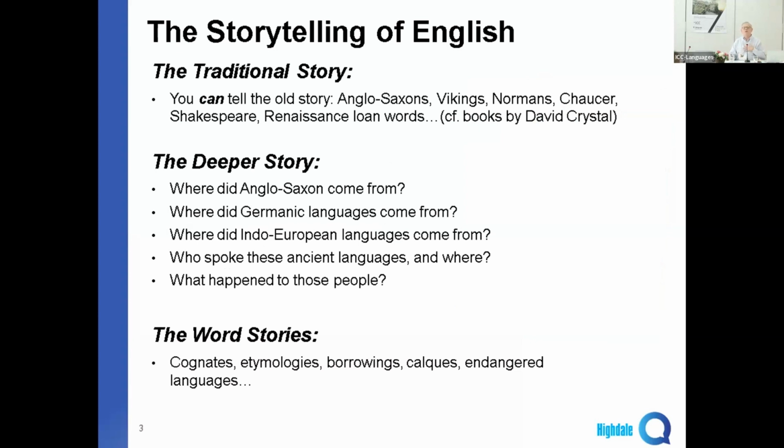And I wanted to look at the different stories around the English language. And if you look at the list here, there's a traditional story. You can tell the traditional story of where English comes from, the Anglo-Saxons, the Vikings, the Normans, Shakespeare, blah, blah, blah. Nothing wrong with that. That's a traditional story. And we'll look at a couple of examples of that.